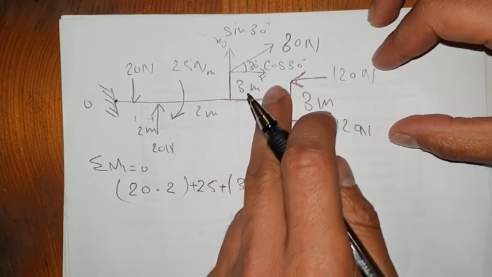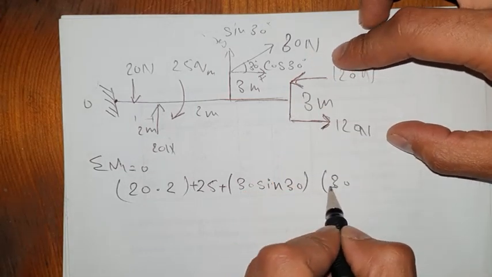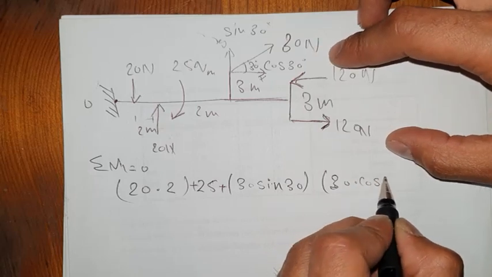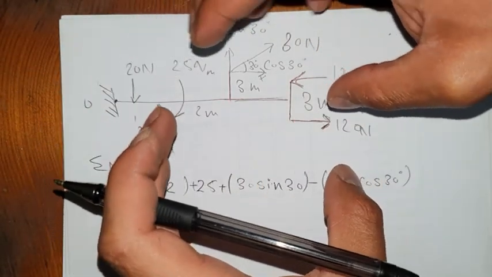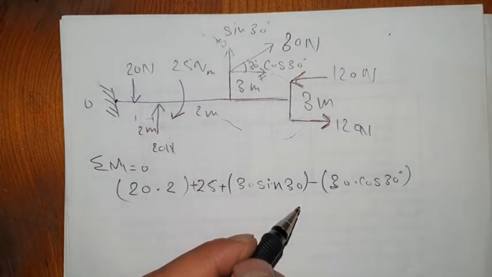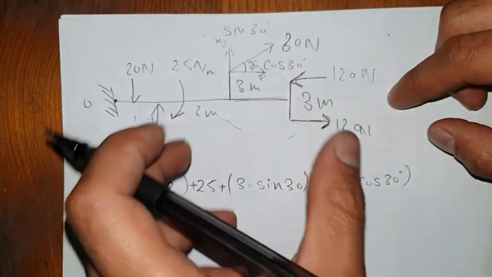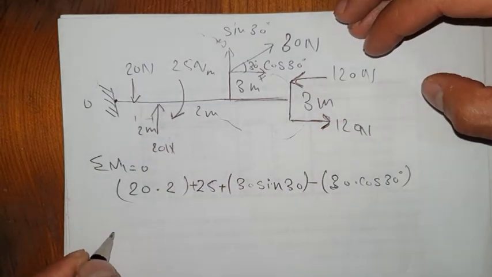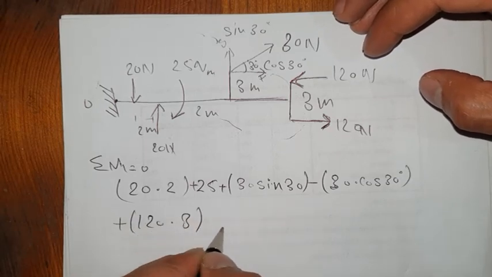And for the other one, we have 30 newtons times cosine of 30 degrees. This one is negative because it's moving clockwise. So now we remain with the couple force. The couple force is turning the object in this direction, it means it's counterclockwise, so this is positive. Positive 120 times 3.